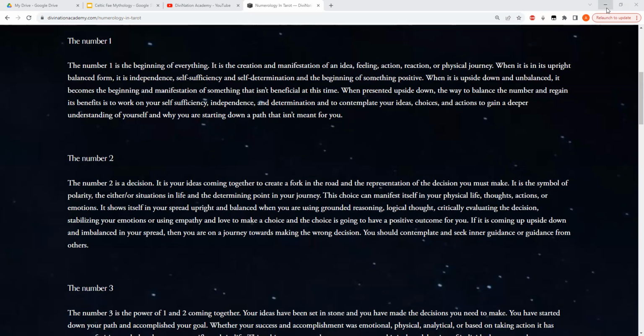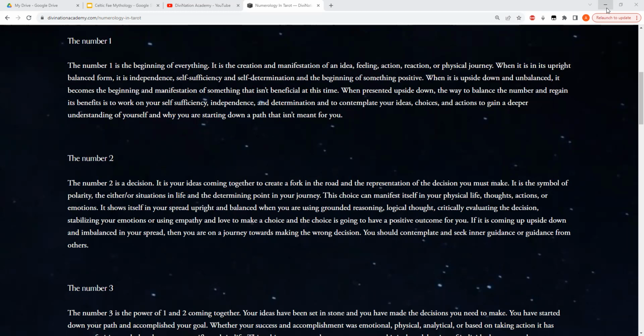But that does mean that we have to take into account what the unbalanced version of 1 is and what the balanced version of the number 1 is. And all numbers in Arabic numerology and Arabic practices, all numbers have a point of balance and a point of imbalance.